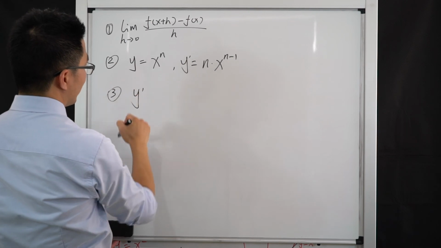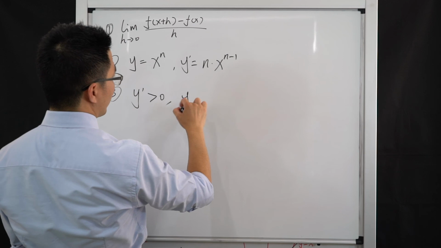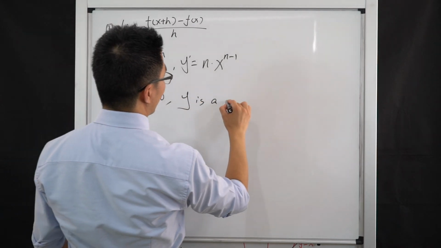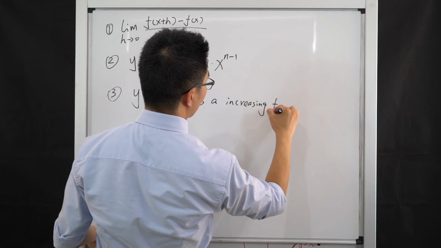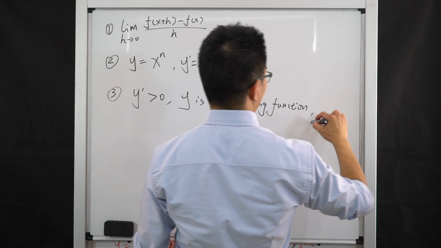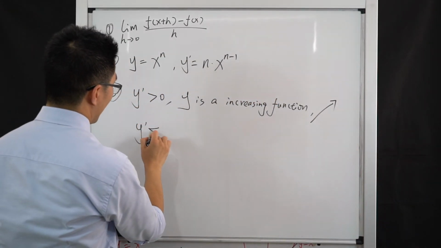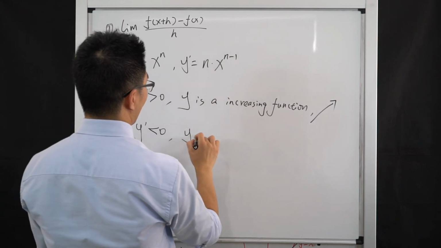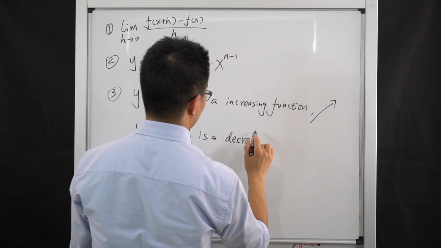When y dash is positive, then the original function is an increasing function. When y dash is less than 0, the original function is a decreasing function.